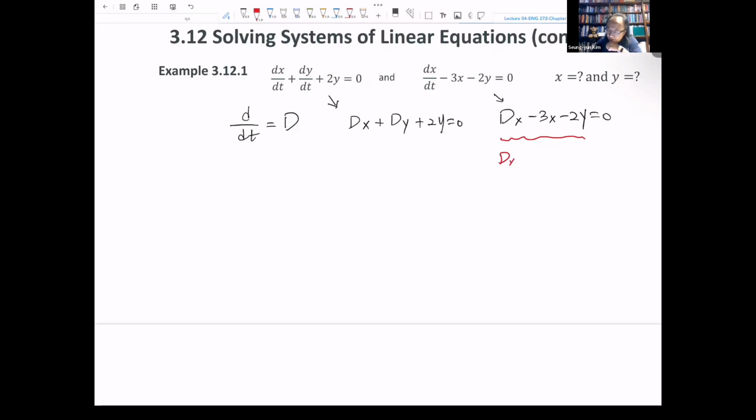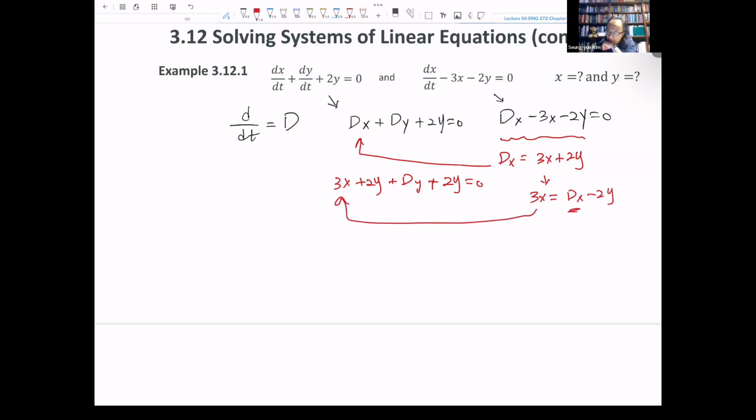So Dx equals 3x plus 2y, and then you plug it in here. Then we have 3x plus 2y plus Dy plus 2y. Well, I still have 3x, so if I let 3x on one side and move the other to the other side, Dx minus 2y, you plug it back in, we still have a Dx.